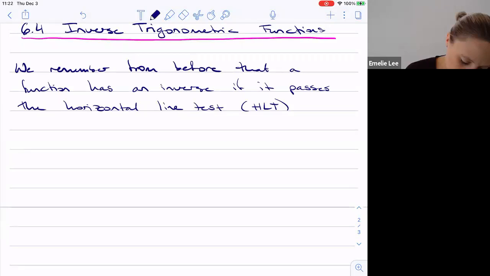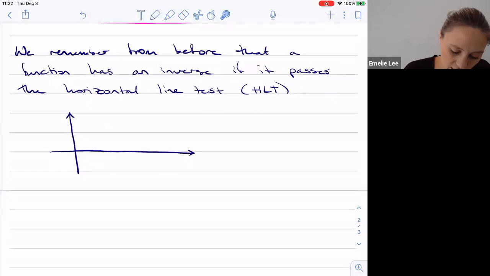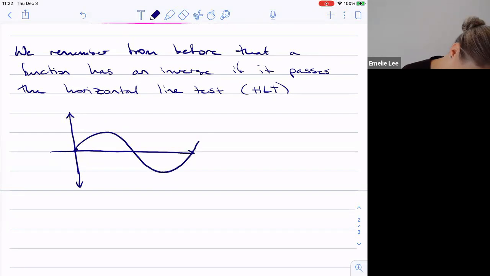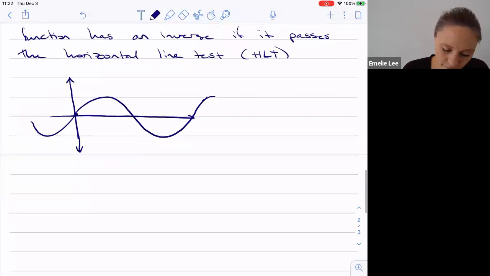So if we look at the sine curve, which we graphed last day, it starts here at the origin, goes up to 1, down to -1, and then back up again, and just keeps going, and does the same thing in the negative direction. So this is sine of x.